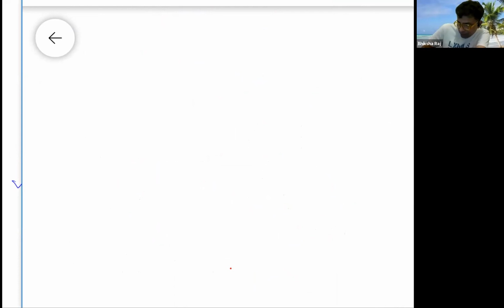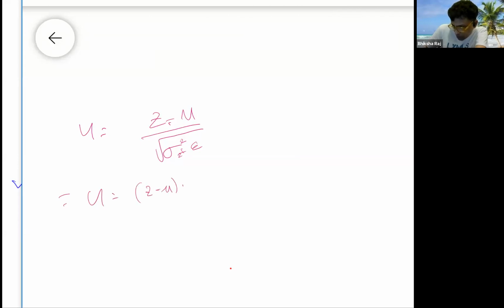Yes, because I can say u equals z minus mu over square root of sigma squared plus epsilon, which I can say u equals z minus mu times sigma squared plus epsilon raised to minus 1 over 2.